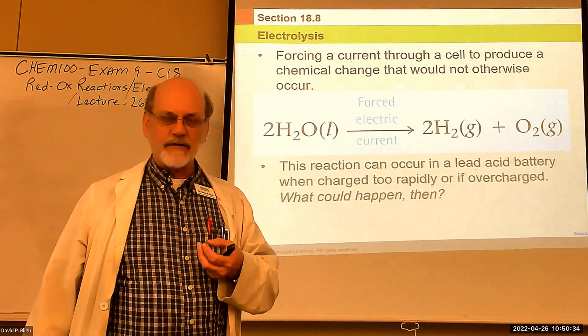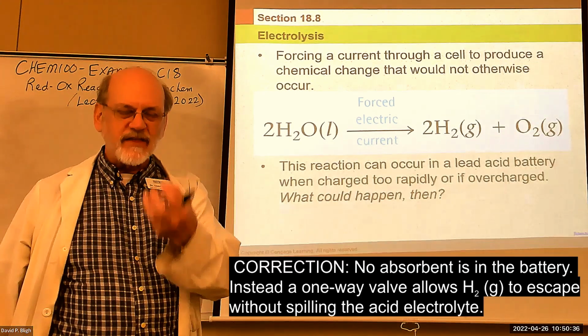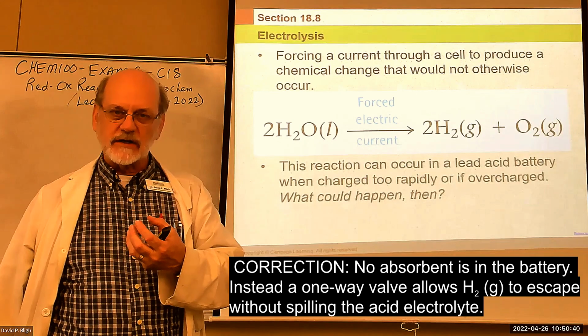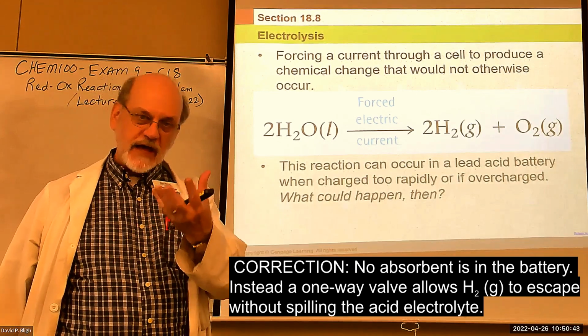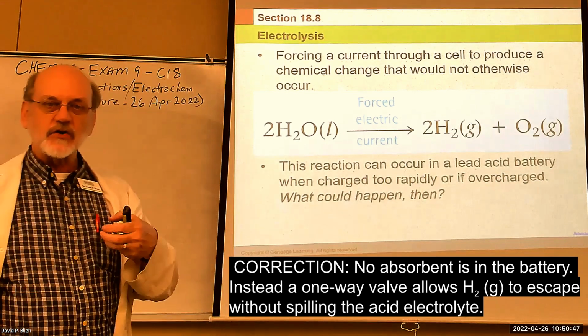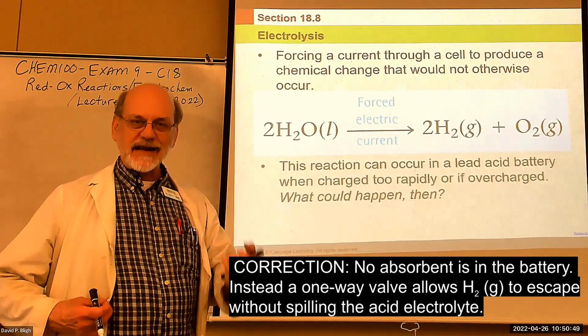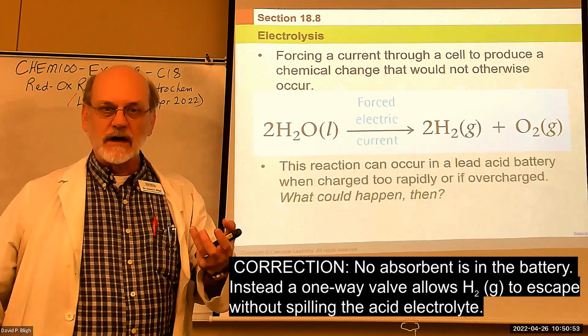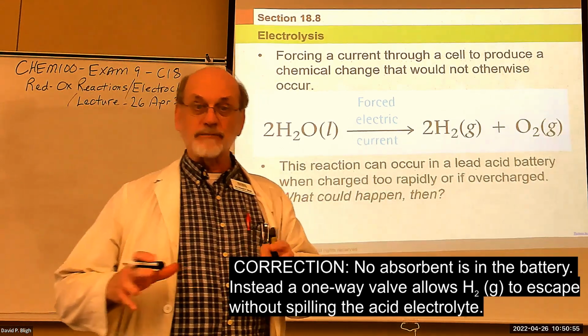But now they have special materials incorporated in the battery so that if we produce any hydrogen from overcharging, those materials absorb the hydrogen and inactivate it. So now you can get sealed lead acid batteries for various applications like uninterruptible power supplies for your computers.